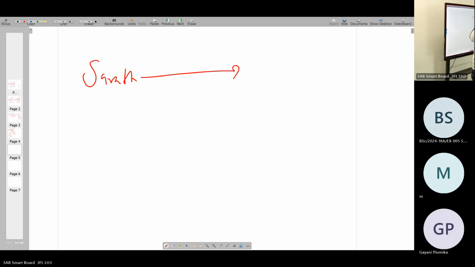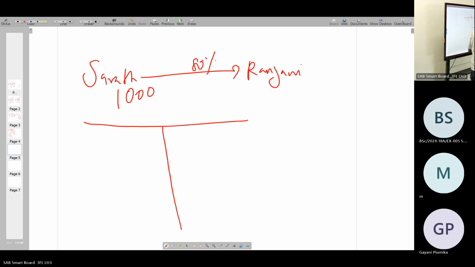Acquire. Ranjani, let's say 80% for 1,000. Investment is 1,000. Cost of control.